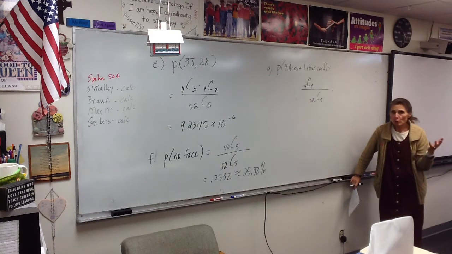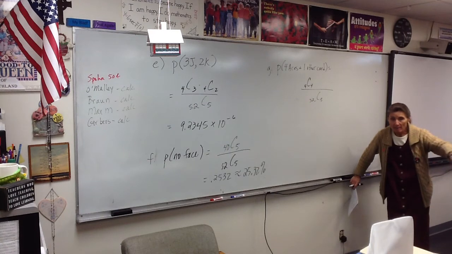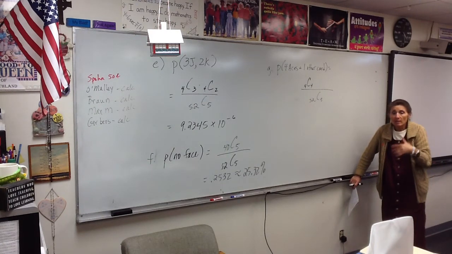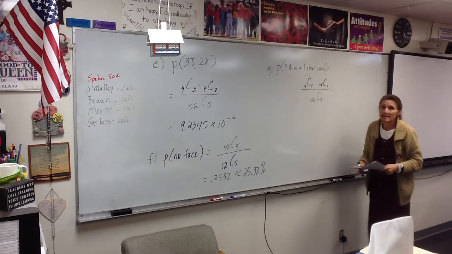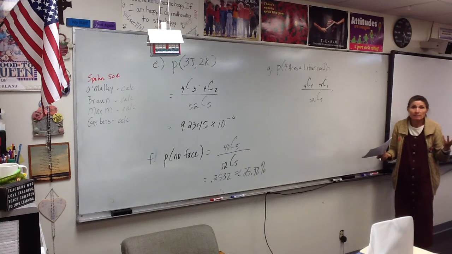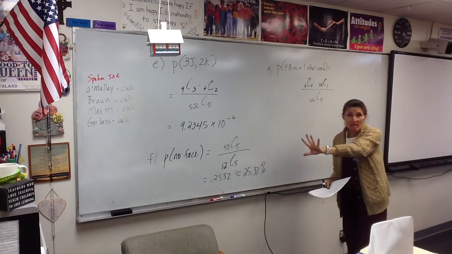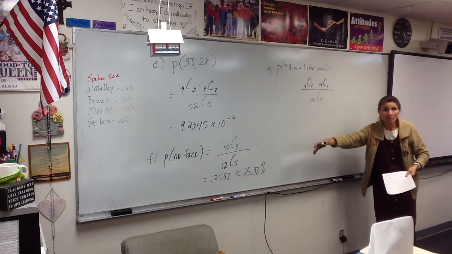Well, how many other cards are there to choose from? Here are the 4 aces. We've taken them out. How many other cards can I choose from? If you said 48, you're right. There's 48 other cards, and I need to choose one of those 48. That will give me 5 cards in my hand. The 4 aces, and then the extra card that comes from the pile that's not aces.